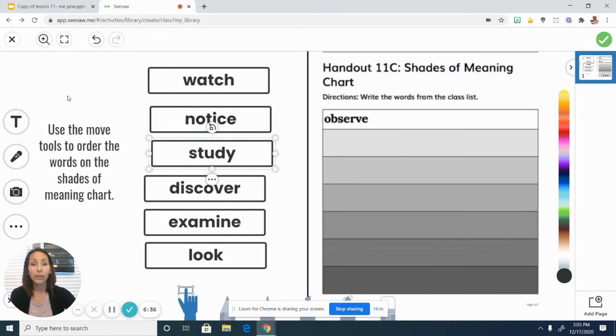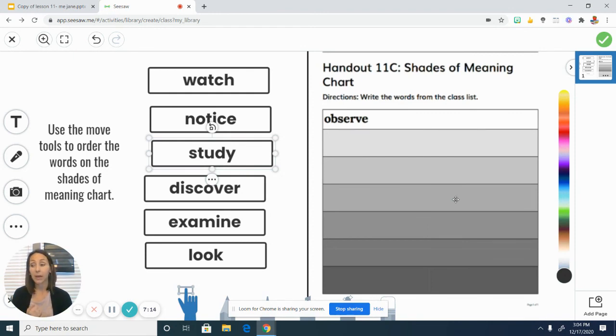Okay, so when you're finished and you have them in the spot that you would like them, you can tap the check to submit, and we look forward to seeing the order of your words. And again, everyone's might be slightly different, and that's okay. It's more important that we're just understanding that there are words that have similar meanings, but when we are speaking or we are writing, we want to learn these different words so that we're able to use the word that can best clearly communicate what it is we're trying to say, right?